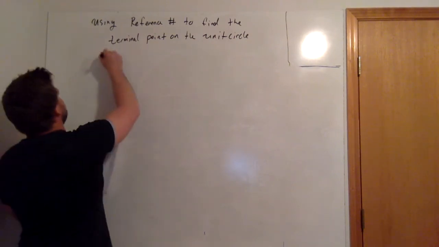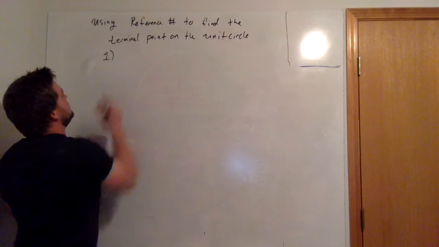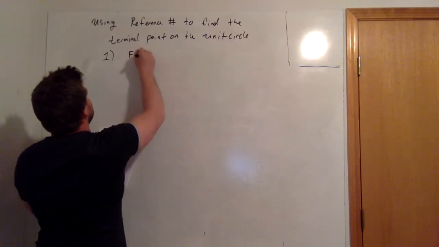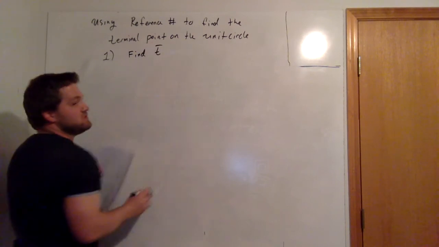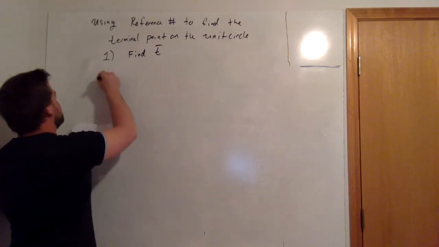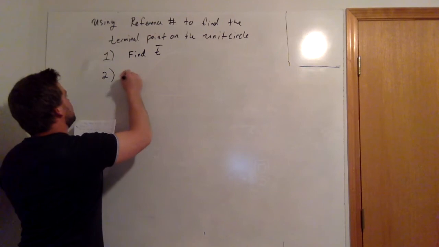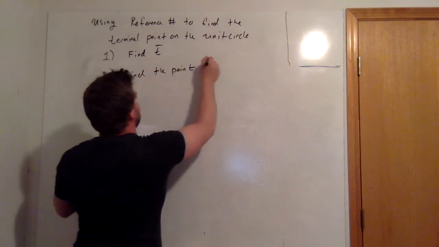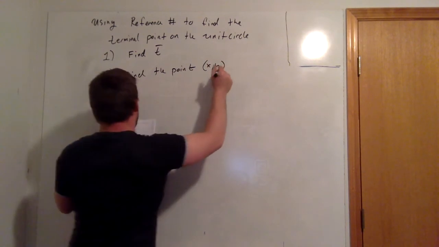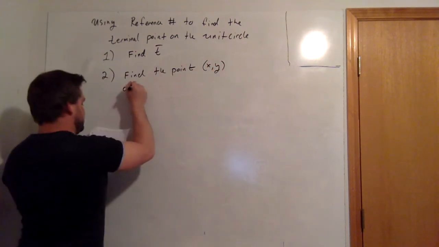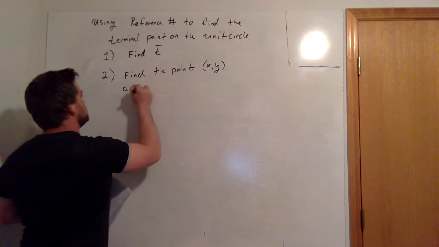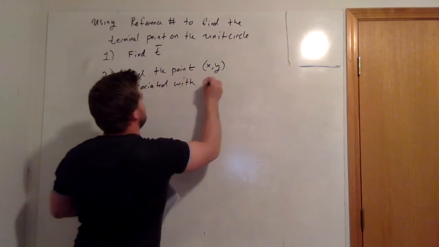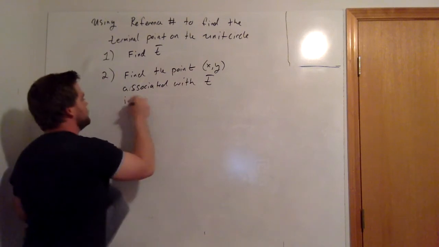So the steps you'll follow, when you're given a distance t to travel around the unit circle: first, find what t bar is, the reference number. Two, find the point x and y associated with t bar in the first quadrant.